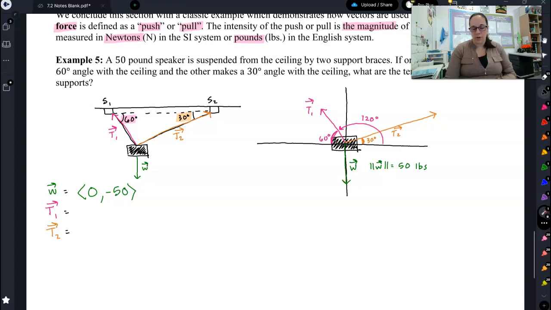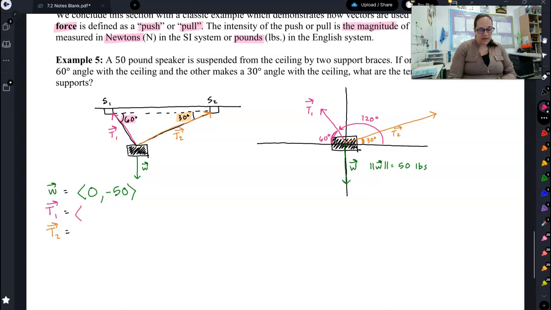So that's W. Now, T1, we're actually going to go back to using our component form with sines and cosines. We know another way of writing the x component is the magnitude times cosine of theta. And another way of writing the y component is the magnitude times sine of theta.